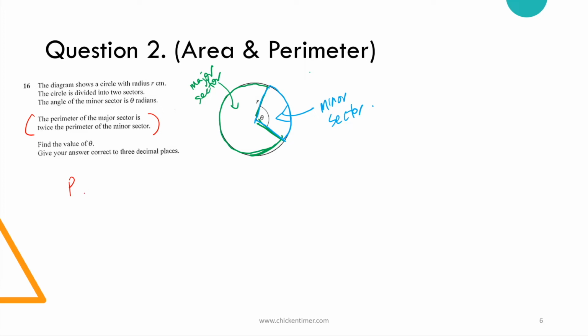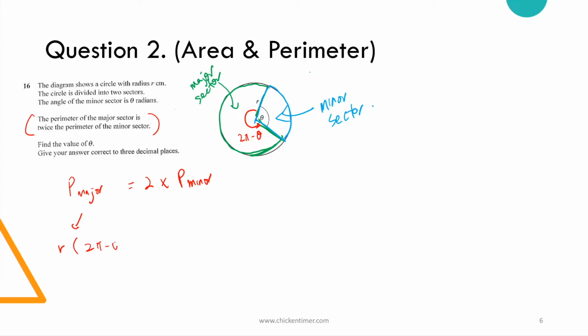So perimeter of major sector equals 2 times perimeter of the minor. The perimeter of the major sector will be r theta, but theta over here will be 2 pi minus theta.